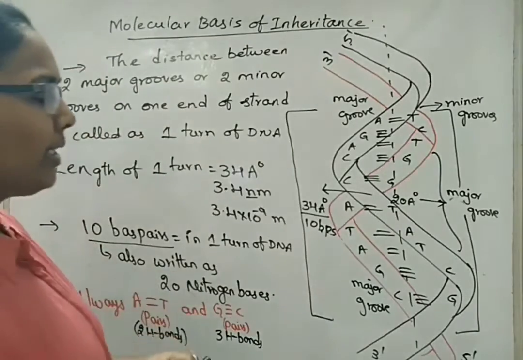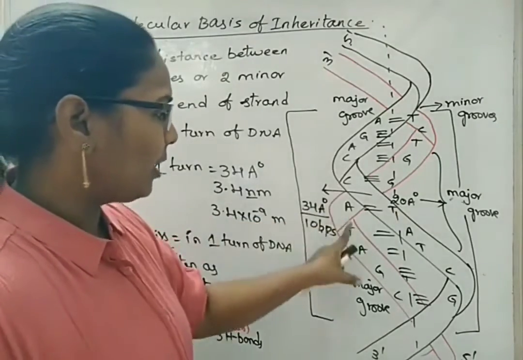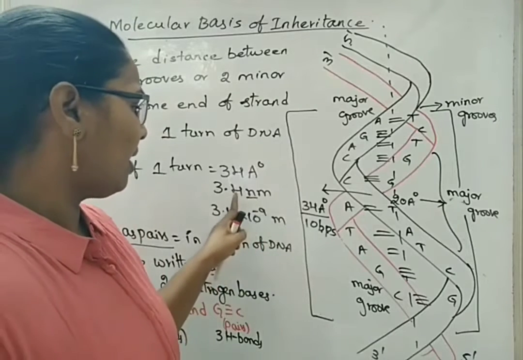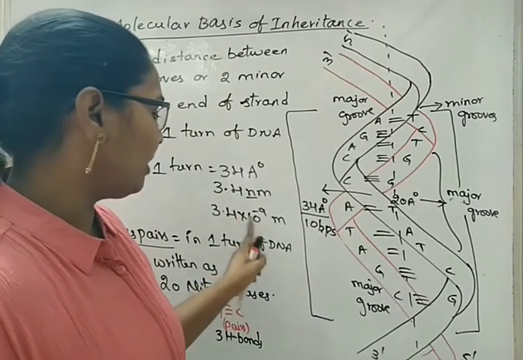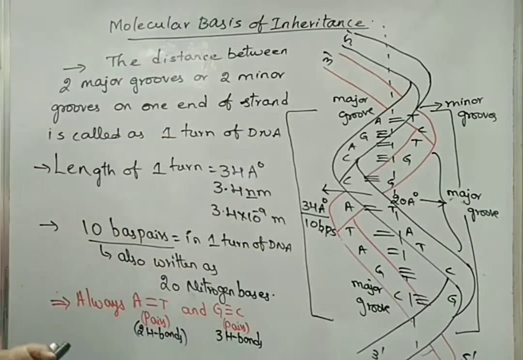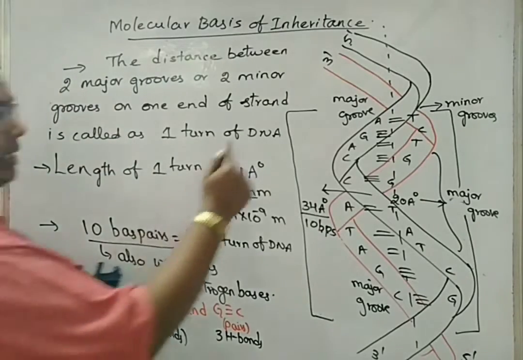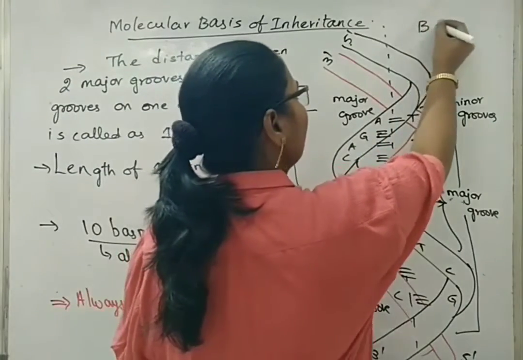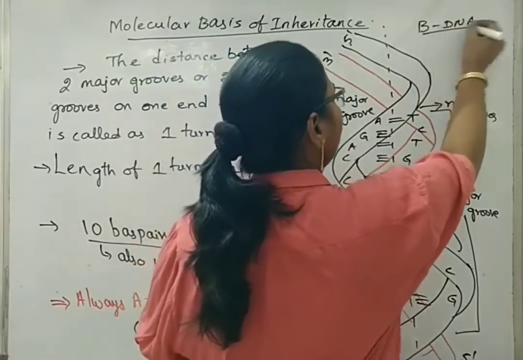And the diameter is 20 angstroms. Length of one turn of DNA is 34 angstroms. In terms of nanometers, 3.4 nanometers. In terms of meters, 3.4 into 10 power minus 9 meters. Now here we have drawn the B type of DNA.